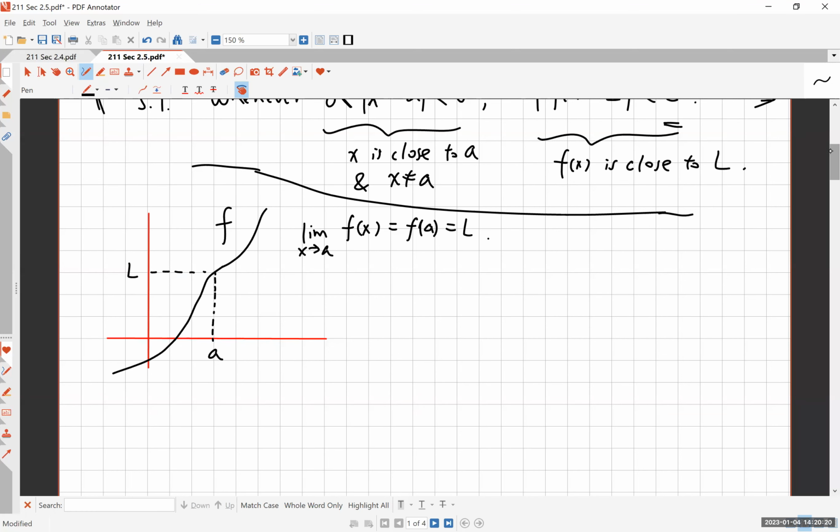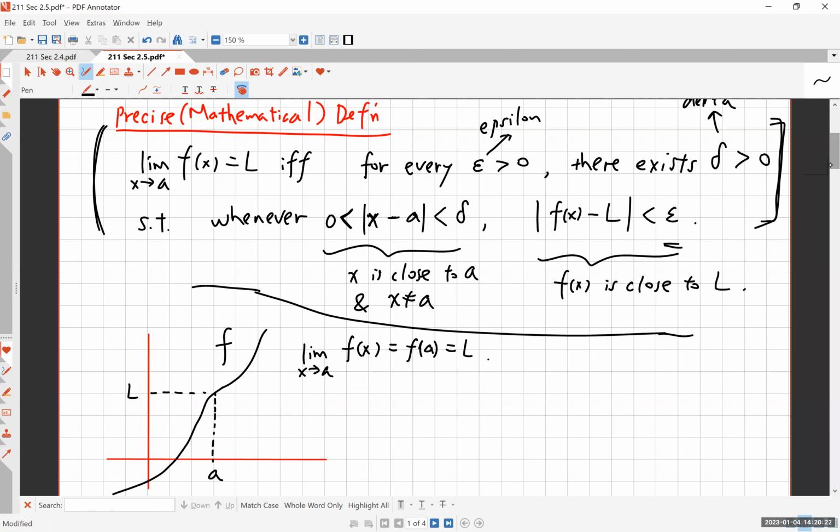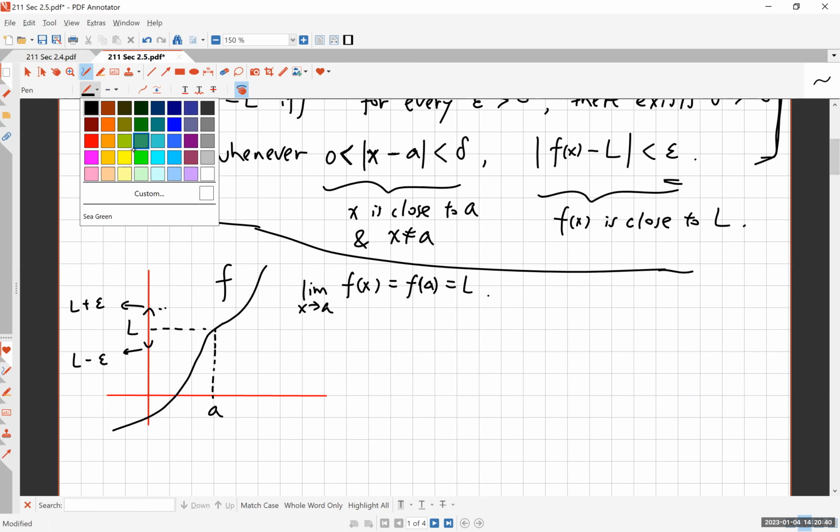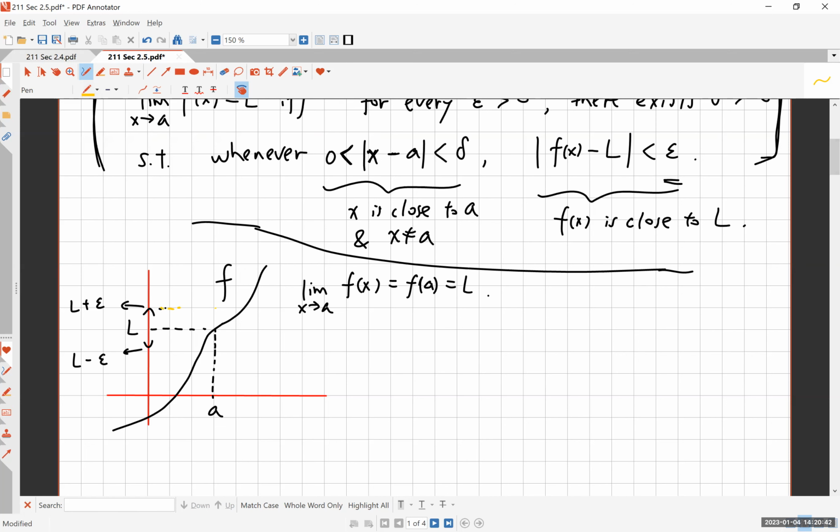For every epsilon somebody gives you, this epsilon can be drawn like this. This point is L plus epsilon. This point is L minus epsilon. So you go up and down epsilon from L, and you can think of this as an upper bound and a lower bound.